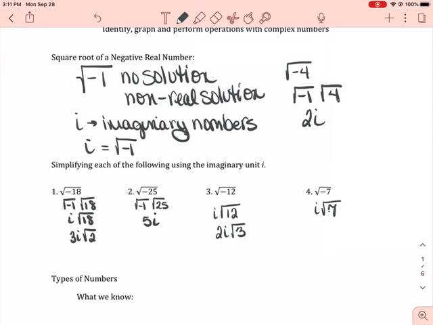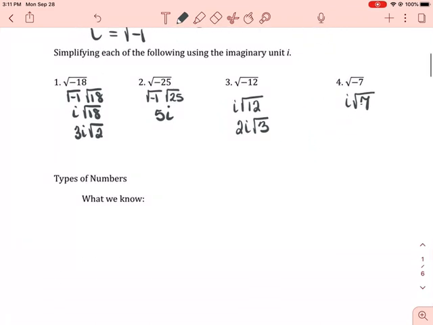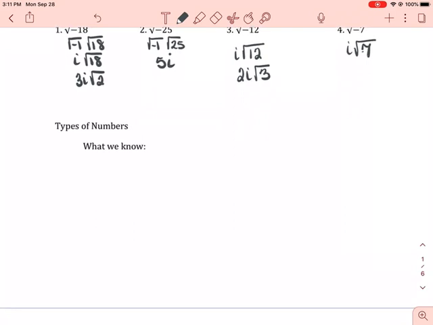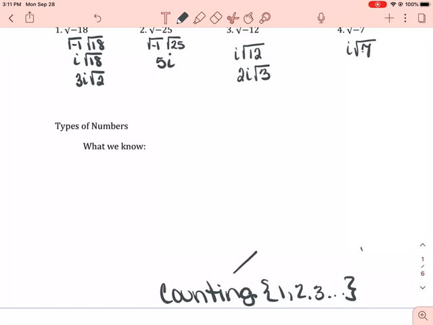All right, now that we've added these imaginary numbers, the square root of -1, we actually have more numbers than we did before. Right now, we know what I would refer to as counting numbers. I'm putting them on the bottom because those are the most basic numbers: 1, 2, 3. I would call them Sesame Street numbers because those are the first numbers you learn in preschool. If you put the counting numbers with 0, you get wholes.